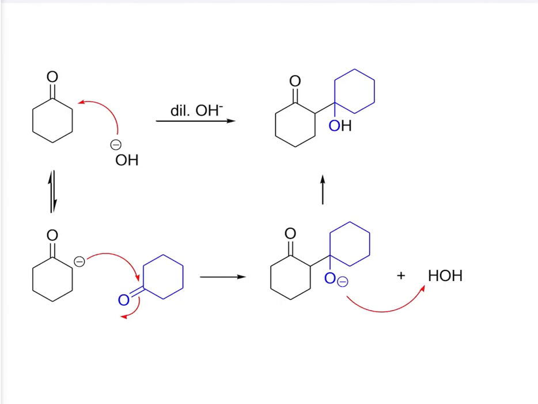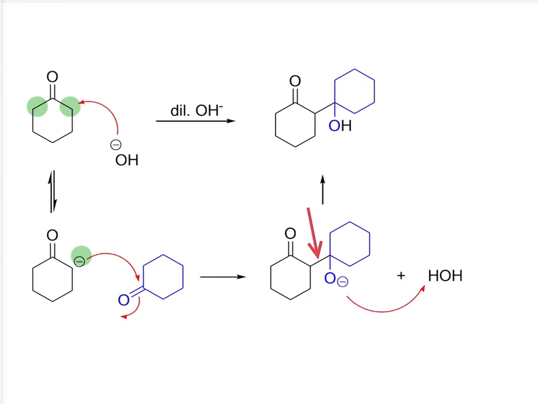For an example of aldol addition, here you can see the starting molecule is a cyclohexanone which contains alpha hydrogens at both sides, which are identical. So in the presence of base, an enolate will be produced that, as a nucleophile, will approach another starting molecule that acts as an electrophile to produce the addition product with the formation of a new carbon-carbon bond between the two molecules.